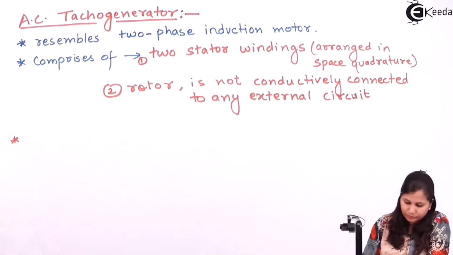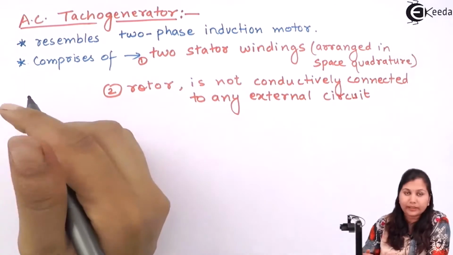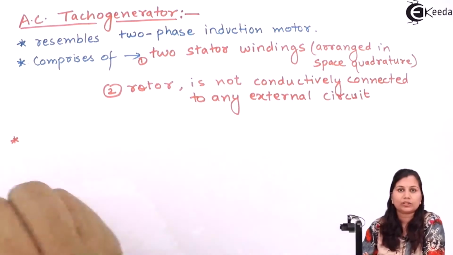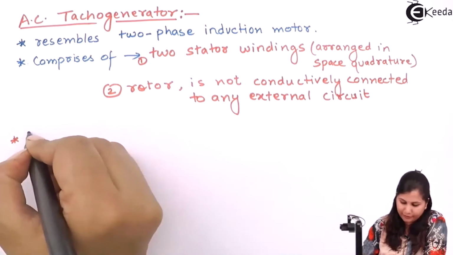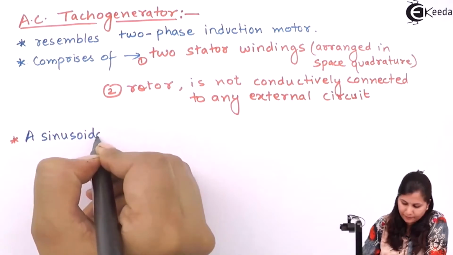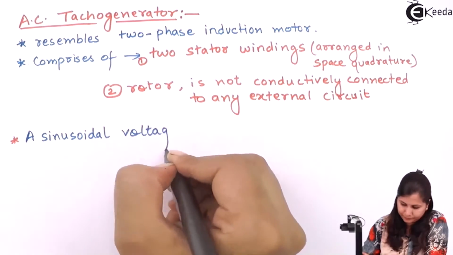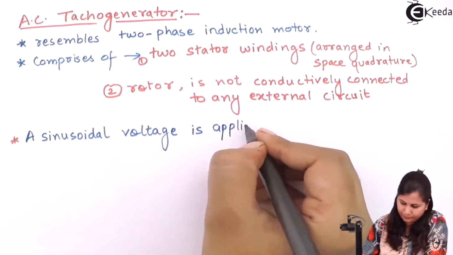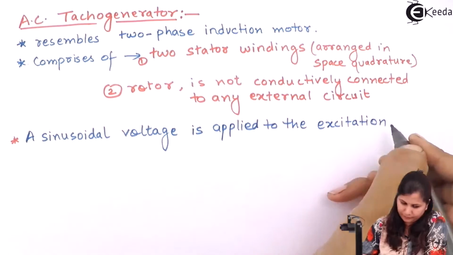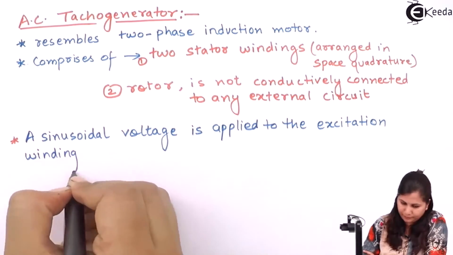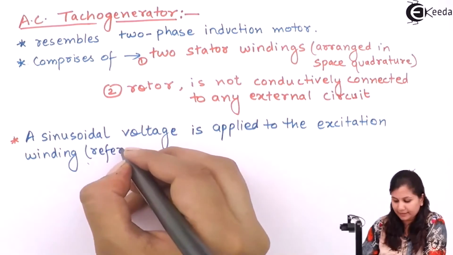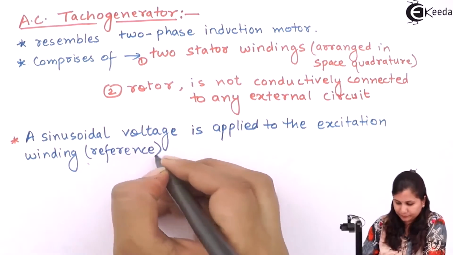Now, suppose a sinusoidal voltage is applied to the excitation winding or the stator winding which is excited, and this excitation winding is also known as the reference winding.